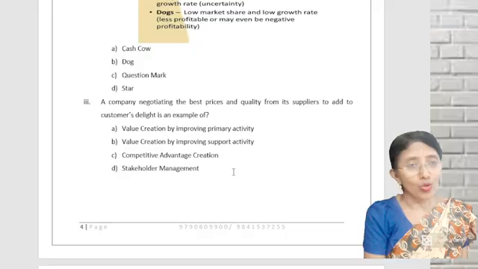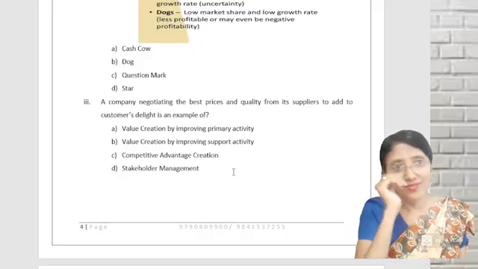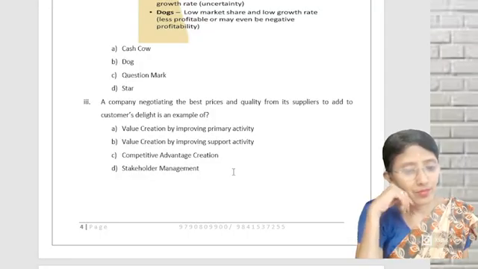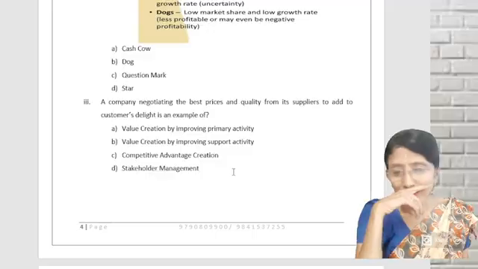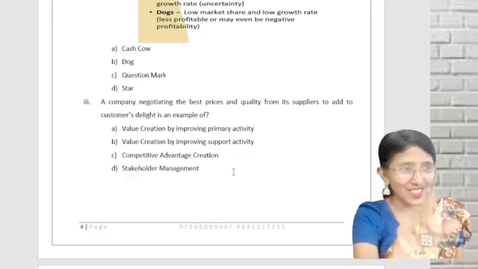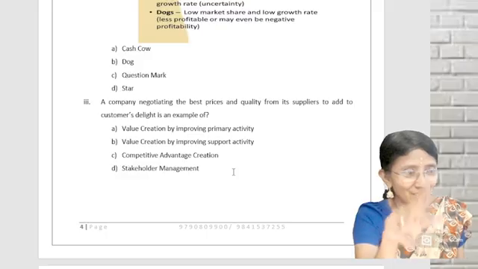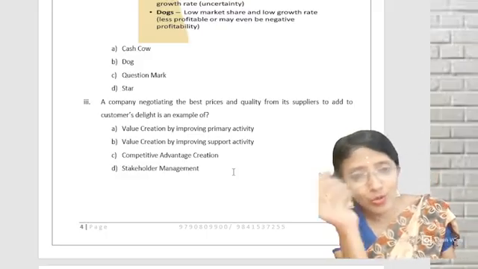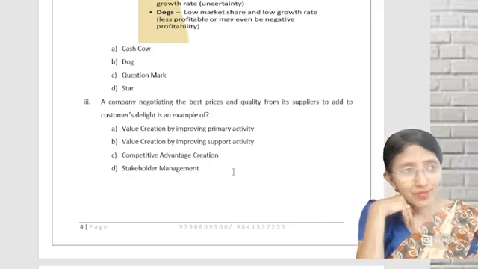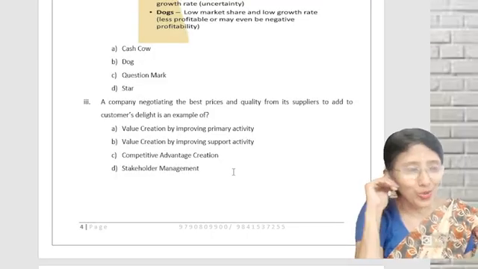Value chain analysis is a clue here. This is option B, stakeholders. A. Yeah, that is correct. A or B. Because in value chain analysis, you have primary and support. Now look into your framework and see where it will fit. Oh, you are searching.